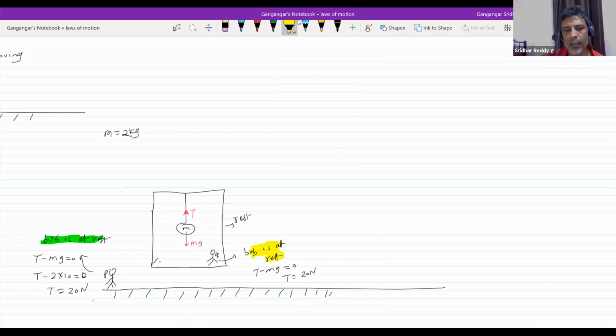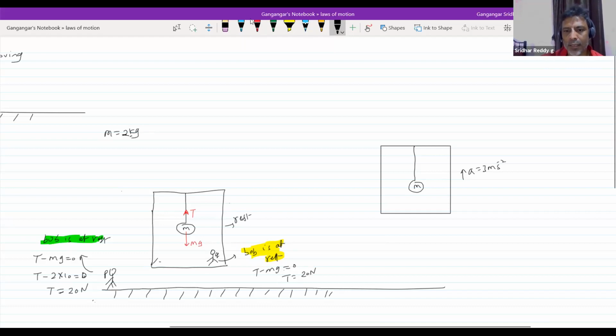Okay, let the lift accelerate up now. Lift accelerates, and I'm showing that the lift is in motion. Let the acceleration of the Bob be 3 meters per second square.